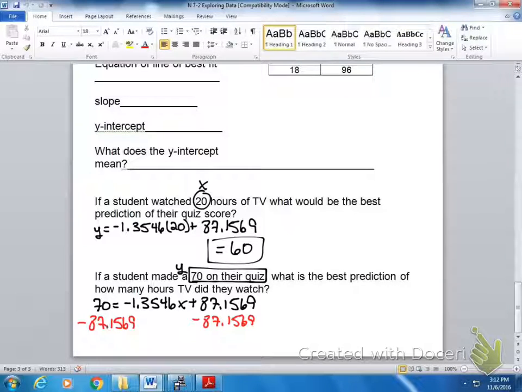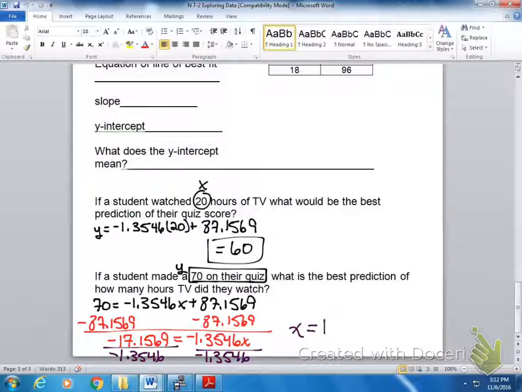And I know these decimals aren't fun, guys, but it doesn't exactly make it difficult. I got negative 17.1569 equals negative 1.3546x. I'm getting kind of tired of saying all these decimals. Then the last step would be to divide by this number. And we end up getting that x equals, I think it's 12.66. We're going to round that to about 13 hours.